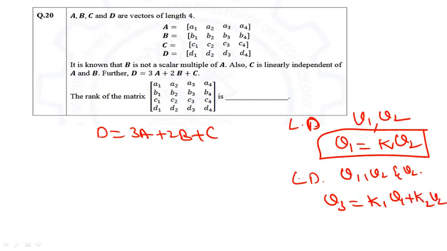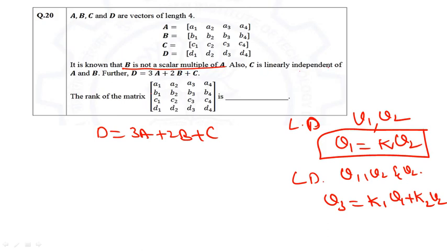Whenever linearly dependent, we can express it as a linear combination of the other vectors. Whenever linearly independent, we cannot. So B is not a scalar multiple of A, which means B does not depend on A.